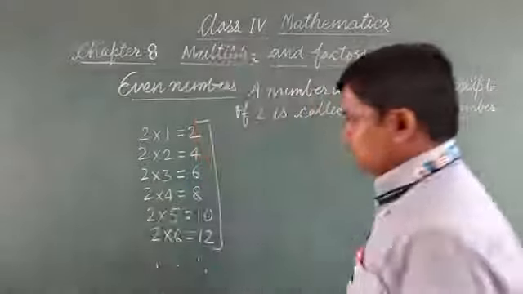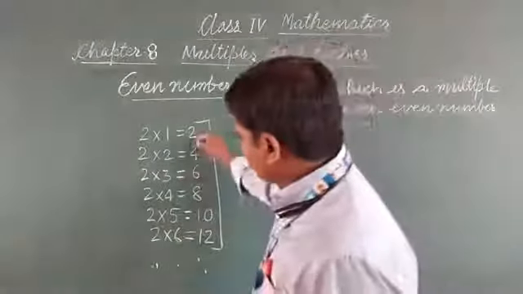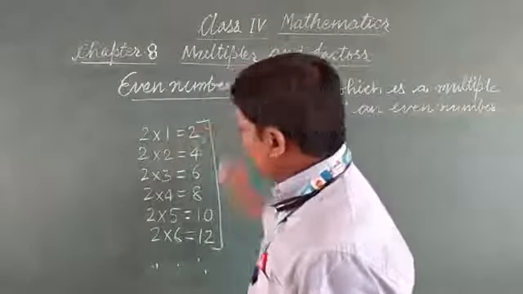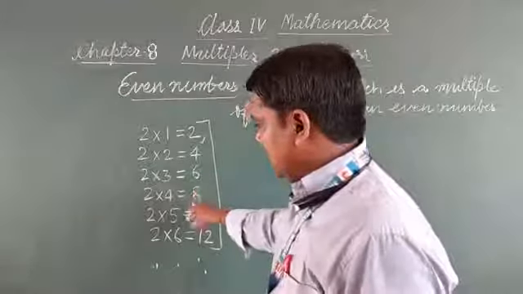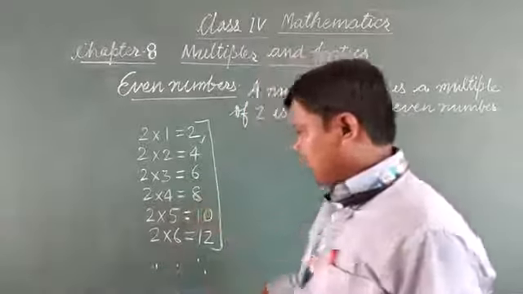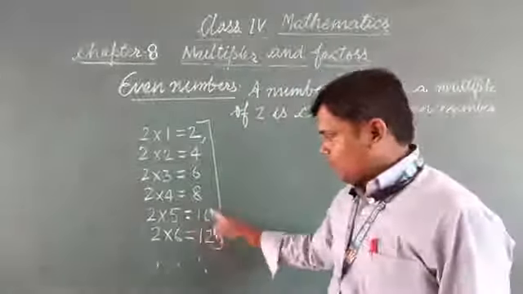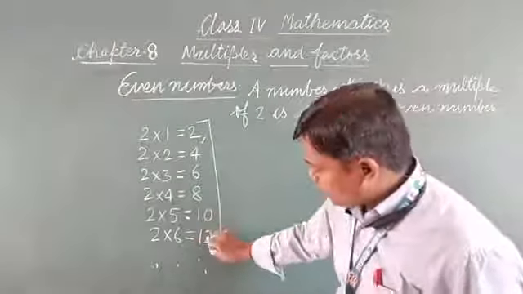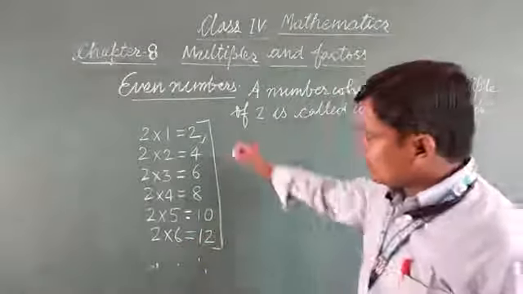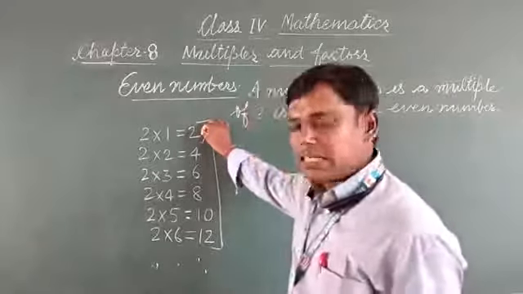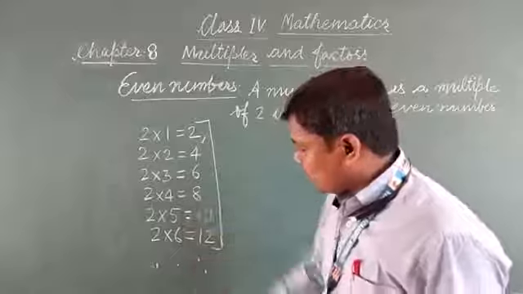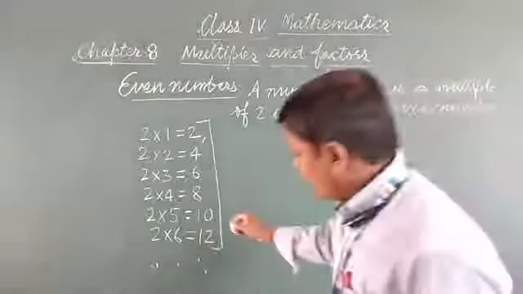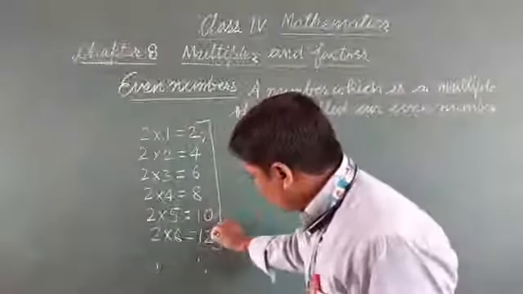You are also observing here 2 multiplied by 1, 2, 2 multiplied by 2, 4, 2 multiplied by 3, 6, and 2 multiplied by 4, 8, 2 multiplied by 5, 10, and 2 multiplied by 6, 12. You are seeing here is only one place, that is the unit place. But here we are having a 2-digit number, and we are observing here is 0 and here is 2.